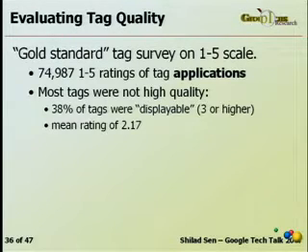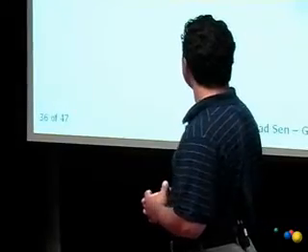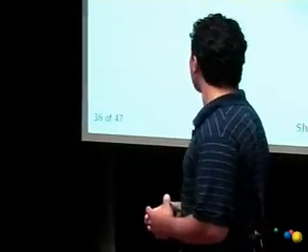We collected 75,000 survey responses about tag applications where we asked users to rate tags on a 1 to 5 scale. We told them tags rated 3, 4, or 5 would be displayed in MovieLens. So 3 is kind of the threshold for displayable. And one thing we found in MovieLens that may not be true in other communities is that most of the tags in MovieLens are actually not very good. Only 38% of the tags in MovieLens were displayable, and the mean rating was only 2.